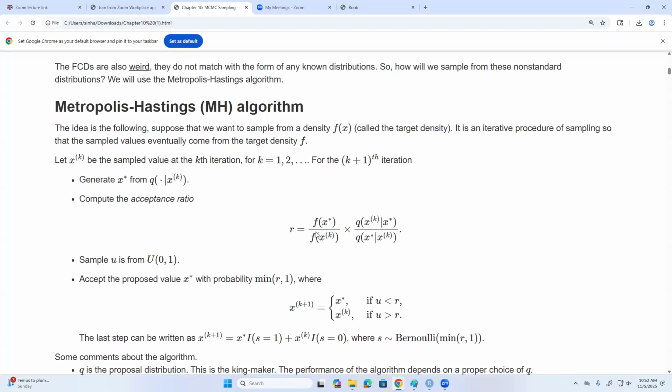Yes, we are still using F in the acceptance ratio calculation, but we are not using F directly to sample from. Evaluation of the density at a point, and sampling from that density, these two are different things. Evaluation can be done relatively easily, but sampling may not be easy.